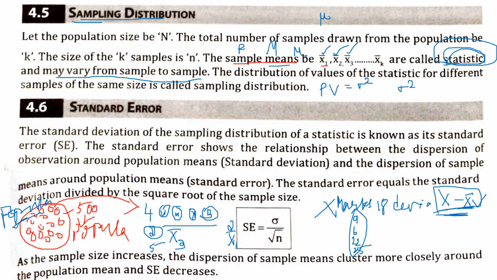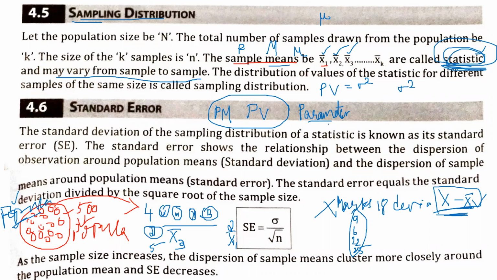So population mean and population variance are the judging criteria for the population, just like sample mean and sample variance are the judging criteria for the sample. And just like the name for the sample is statistic, for the population it is called a parameter.